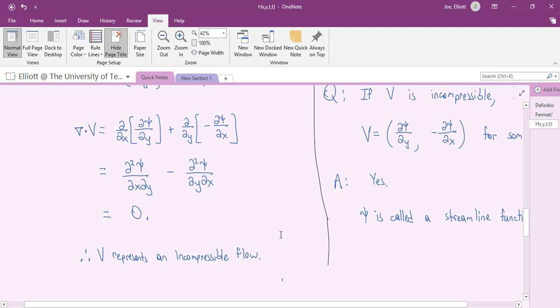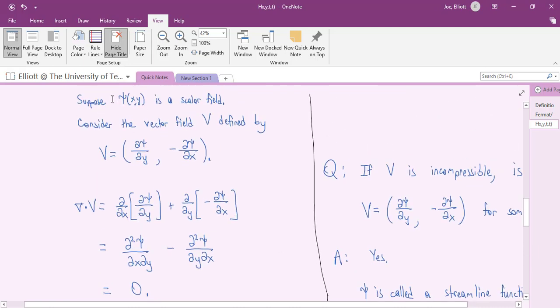Now, what I did here just now is I started with some function c, and then using this function c, we were able to create an incompressible flow v from it using this formula. So now, a question that you may have is, can we reverse that order?